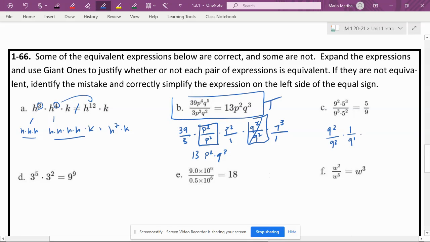So 2 plus 1 still gives me 3, times 5 to the 2nd over 5 to the 2nd times 5 to the 1st. So the top one also adds, the exponents add up to 3. So here again, if you simplify, you'll notice that these two are your giant ones, and you're left with 5 over 9. So that was correct as well.